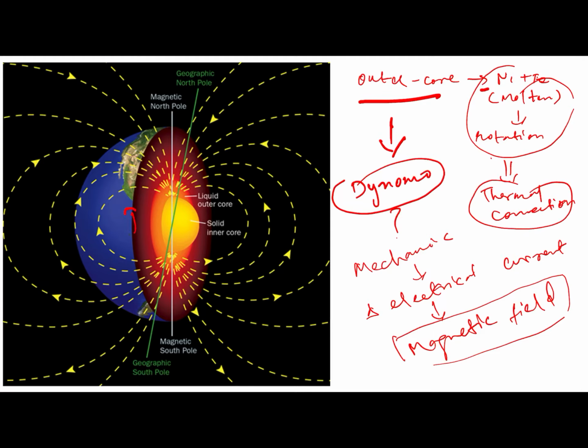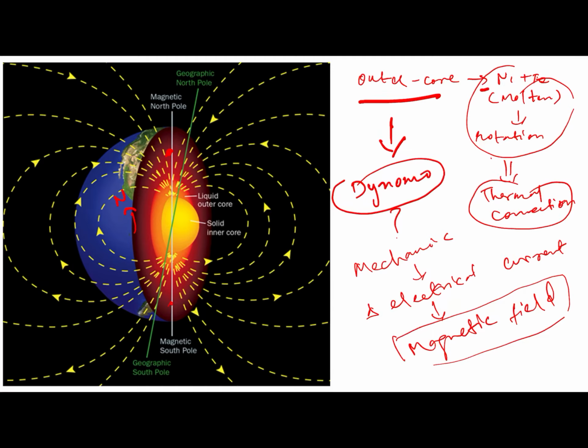We know that like poles repel and unlike poles attract. So the magnetic compass N is in this direction, and the northern hemisphere magnetic pole is located somewhere here in North Canada, and the southern hemisphere magnetic pole is here.